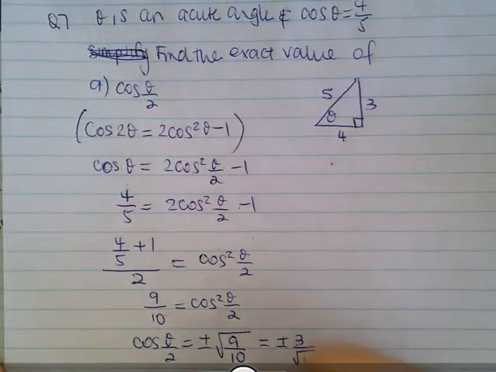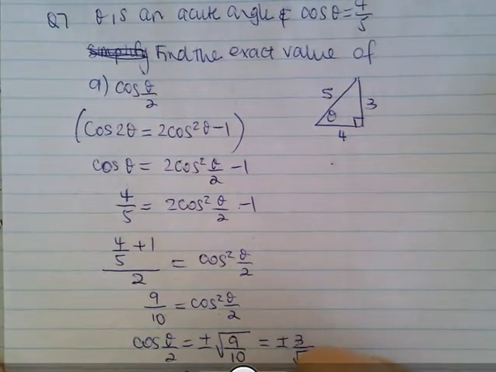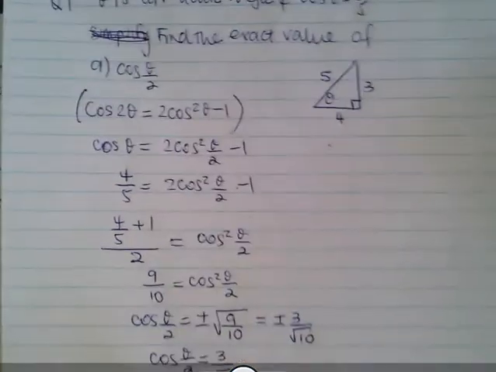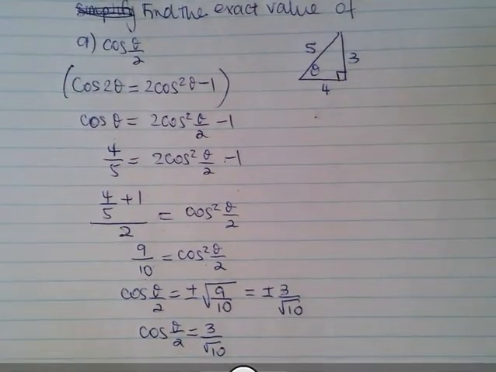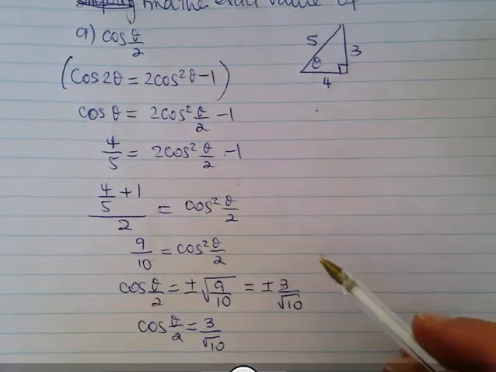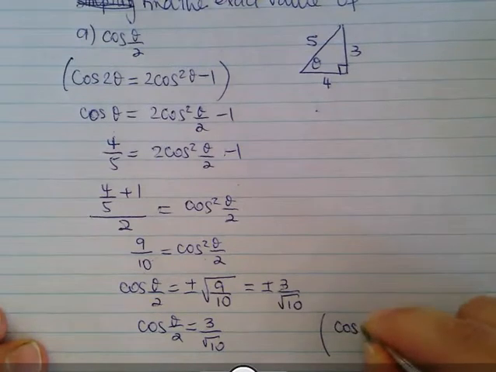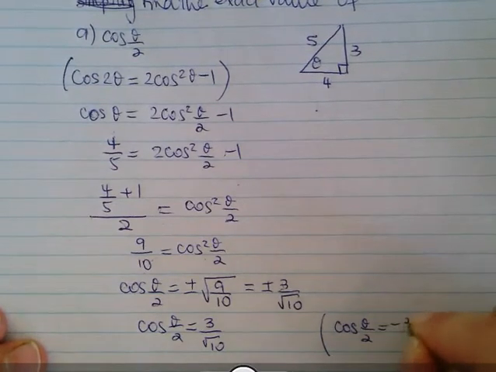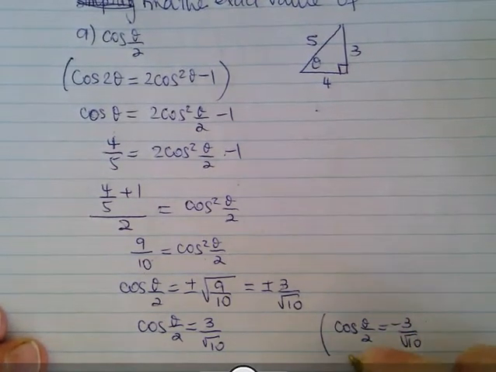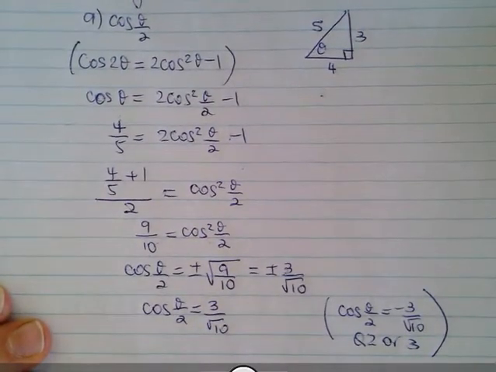So in other words, cos of theta on 2 is the positive 3 on root 10, because that is in quadrant 1. If cos is positive, you're in quadrant 1 or 4. If cos theta on 2 were negative 3 on root 10, it would be quadrant 2 or 3. Does that make sense?